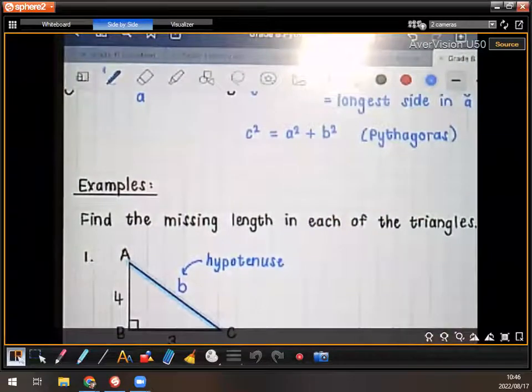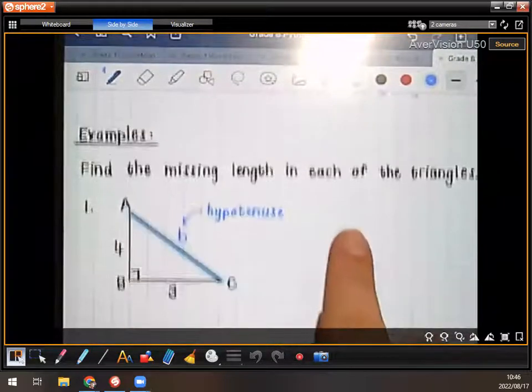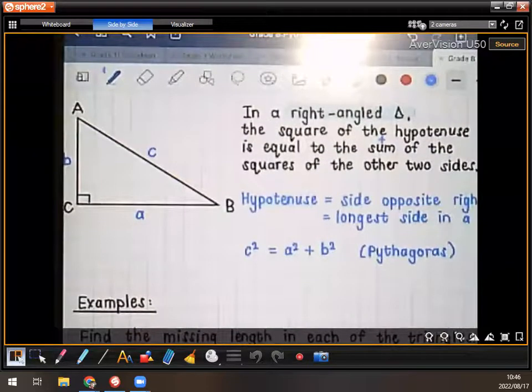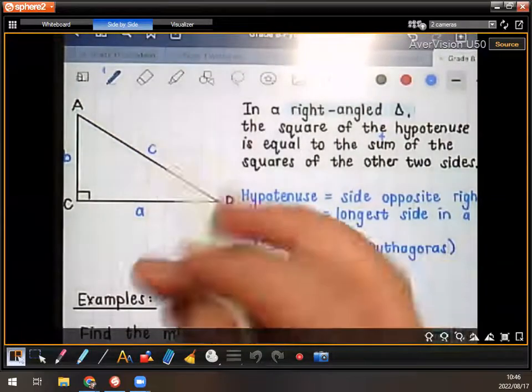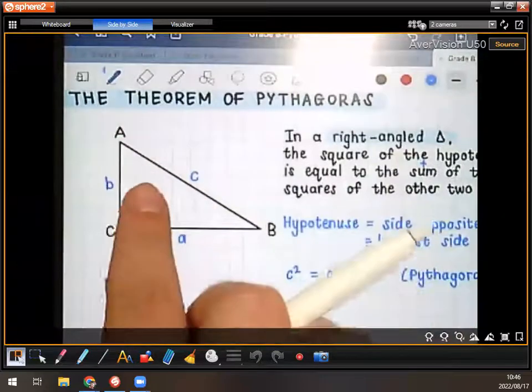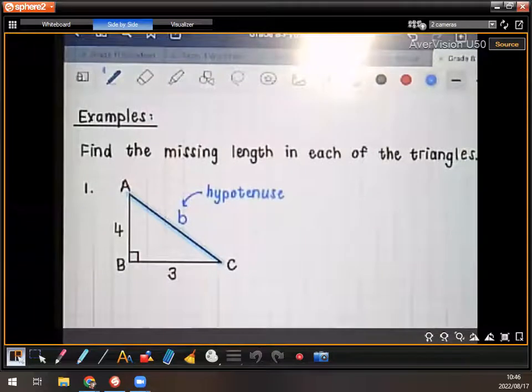But now, guys, what I want you to notice in the two triangles, I'm going to go back up to the triangle quickly. In this one, our hypotenuse is small b. Was it the same thing in this triangle? No. So you can't just use this formula and say whatever c is, it's going to work. In that triangle, c was the hypotenuse. In this triangle, our hypotenuse is b. So we need to adapt that rule.